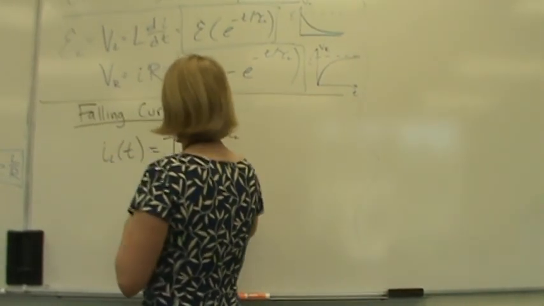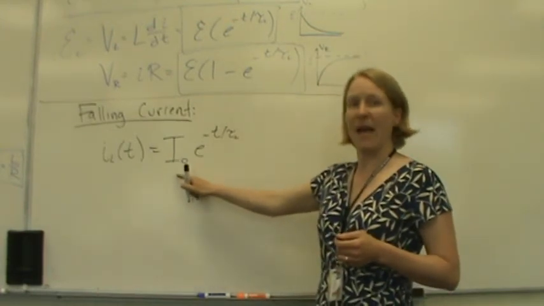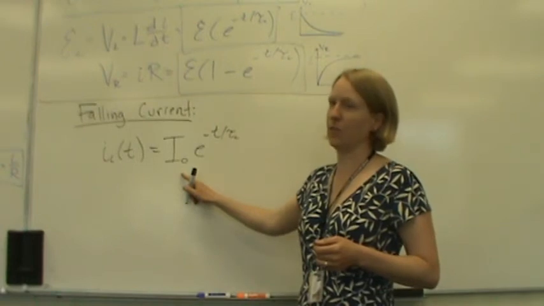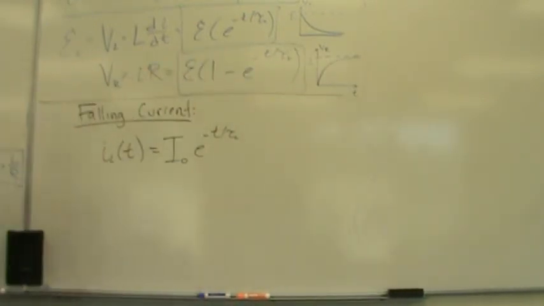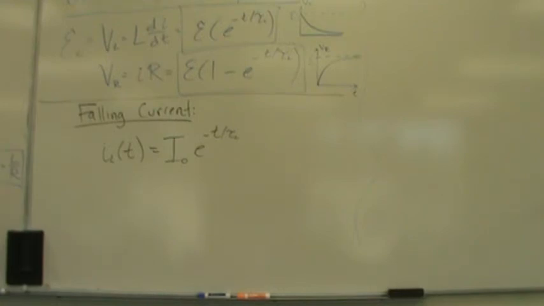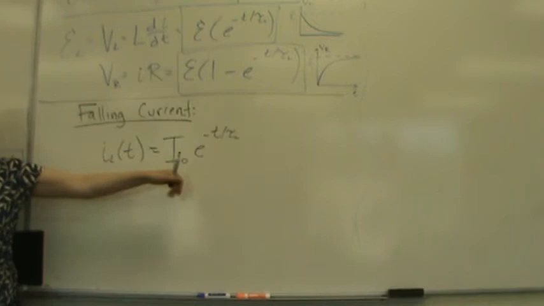All right, now, instead of putting I max here, I put I initial because you might have decided to move the switch before this got back up to its maximum value. And so wherever you stopped it while it was in the rising current state will be your I naught when you move it to your falling current state. If you waited, they say a very, very long time, that's their way of saying you wait till it's a steady state current, and then you switch it, then I naught will be equal to I max.